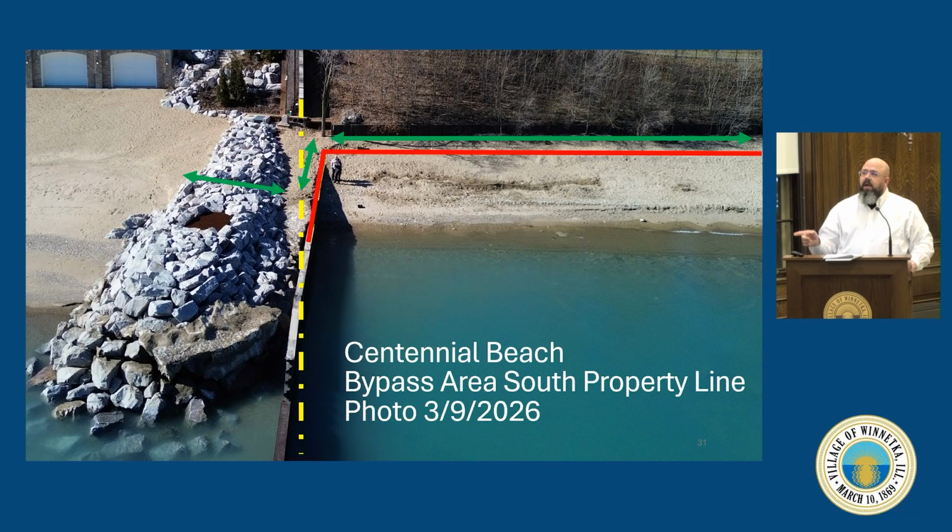You would then get onto the built-up sand elevation there between their structure and the steel seawall, and then be able to traverse all the way back to the corridor that's created with that 12-foot bypass. We felt this was an elegant way to achieve our safety concerns, as well as allow access and maintain all the standards that we need to for Cook County, Army Corps, and everybody as it relates to the functions of our beach.